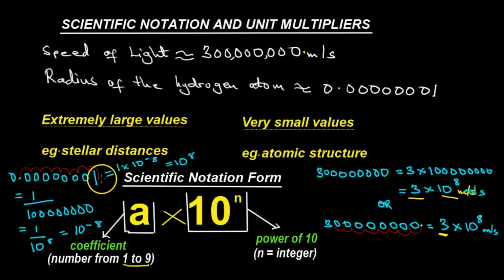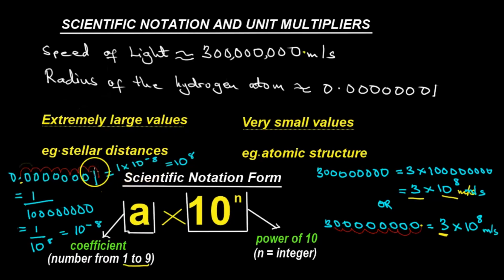Using the movement of the decimal places, we know this time that the decimal point is at this position, so we are moving from left to right. Moving from left to right indicates that you are going to get a negative exponent. So I move my decimal places 1, 2, 3, 4, 5, 6, 7, 8. I've moved 8 times from left to right, which means I'm going to get a negative 8 exponent.